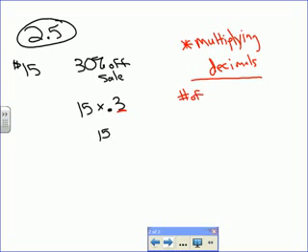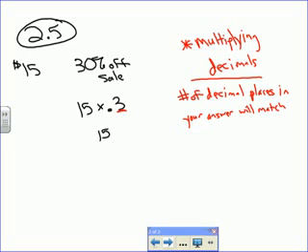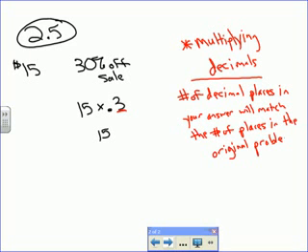The number of decimal places in your answer. Yes.